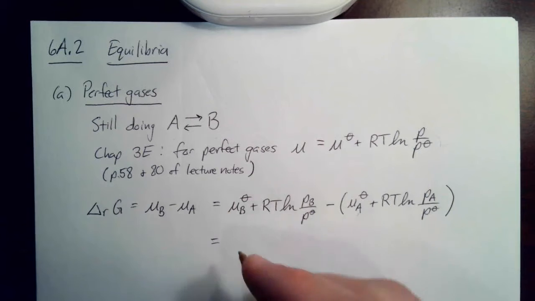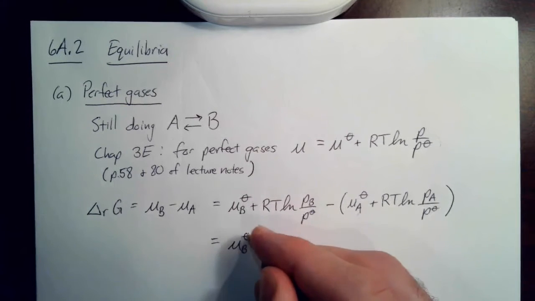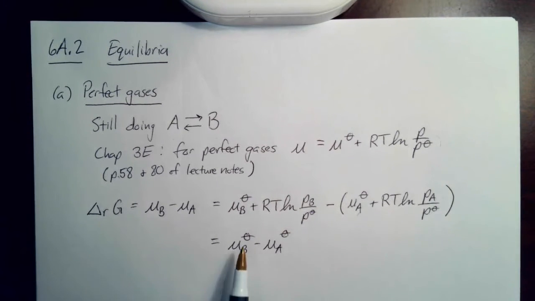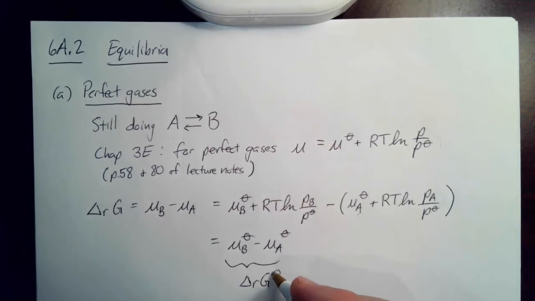You can see that I can group the mu B minus mu A terms together, and that looks a lot like this, but at standard state. So we're going to call this delta RG standard state.